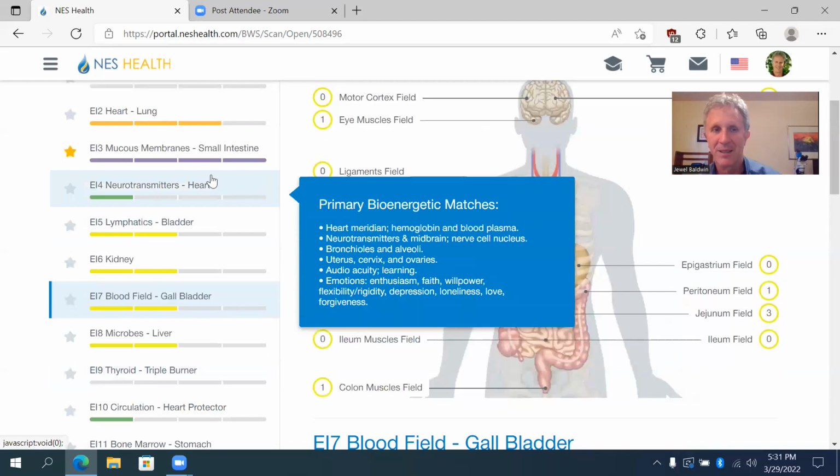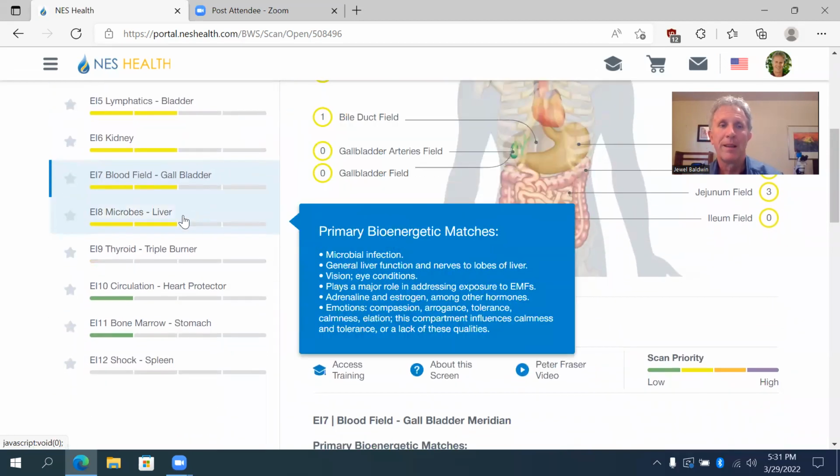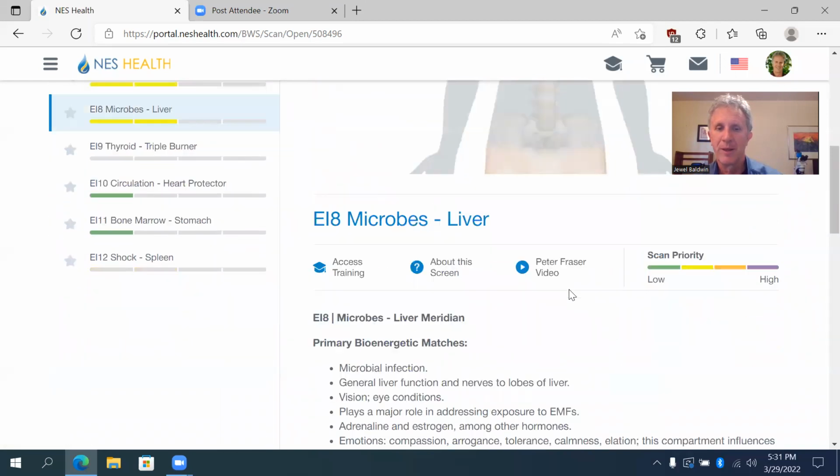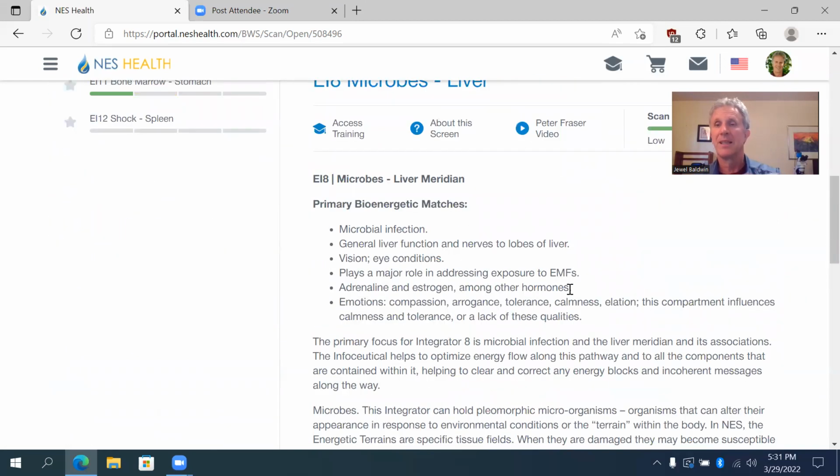In my case, it's in this screen, mucous membrane, small intestine. Liver integrator. Liver is also, in this case, it does deal with microbial infection, which is sort of a bacterial overgrowth. Think of it that way. The bacteria can get dysregulated because of immune system issues, toxicity, stress.